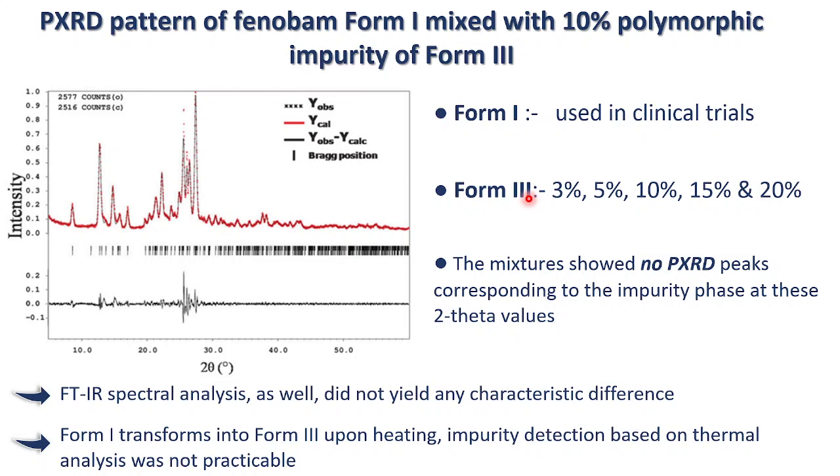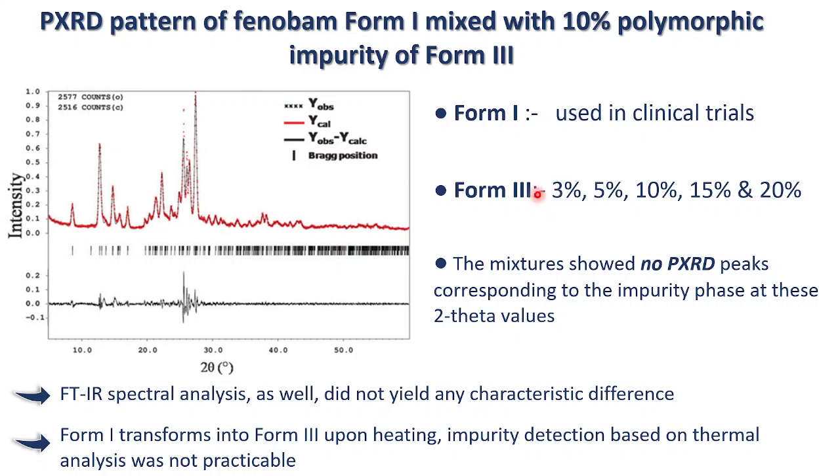The impurity is form 3. When the impurity content is very low, we can't detect it using PXRD. Initially I said we can detect the presence of polymorphs using PXRD, but here the amount of the compound is very low.